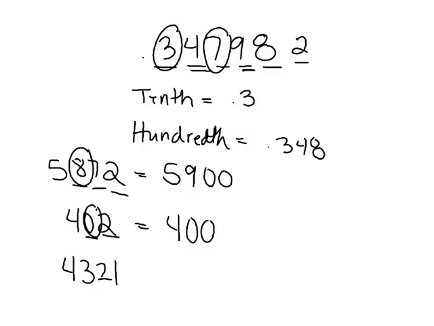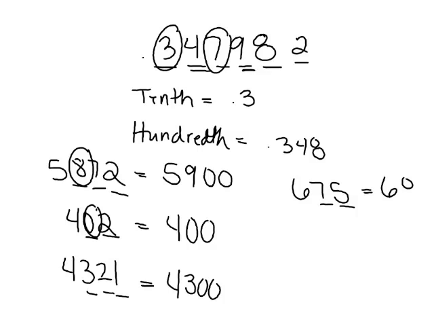4,320. Let's round that to the nearest 100. So ones, tens, hundreds. 4,300. Very good. 675. Round that to the nearest 10. So ones, tens. Round up or down? Okay, 5 and above, we round up.